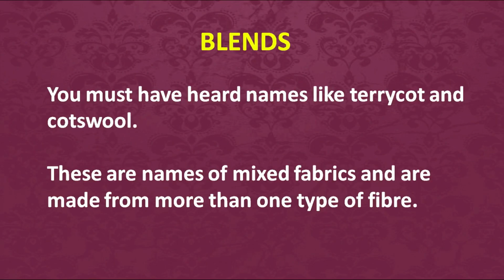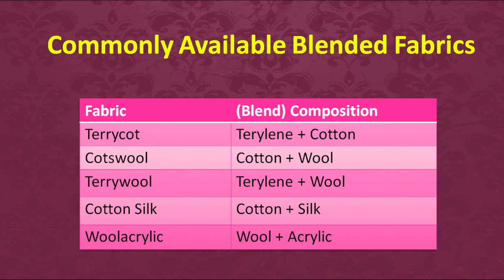Exactly, it is. So the mixed fabrics that are made from more than one kind of fiber are known as blends, and as we will discuss later on, blends have been created because of certain properties that they have, certain needs that we had. So ma'am, we can see here that terrycot, as you have just told us, is a blended composition of terylene and cotton.